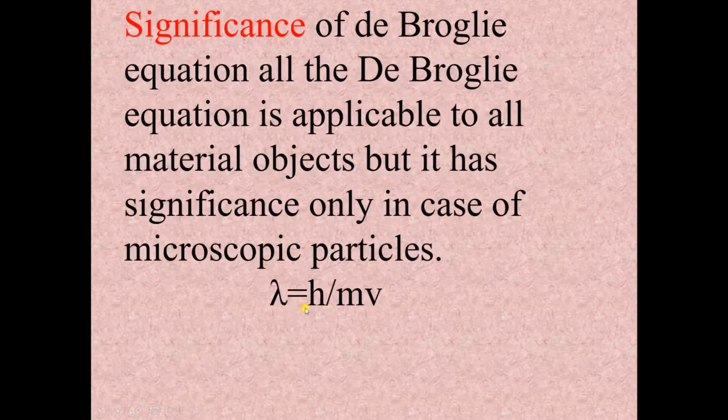So this equation is applicable only for microscopic particles. In case of macroscopic particles, those particles which have very large size, mass will be more. As mass is in the denominator, wavelength will be very less. So this equation is not applicable for macroscopic particles.